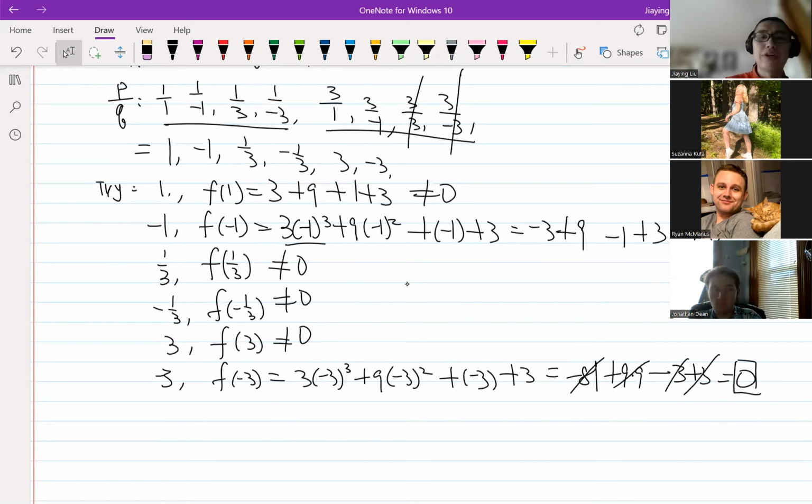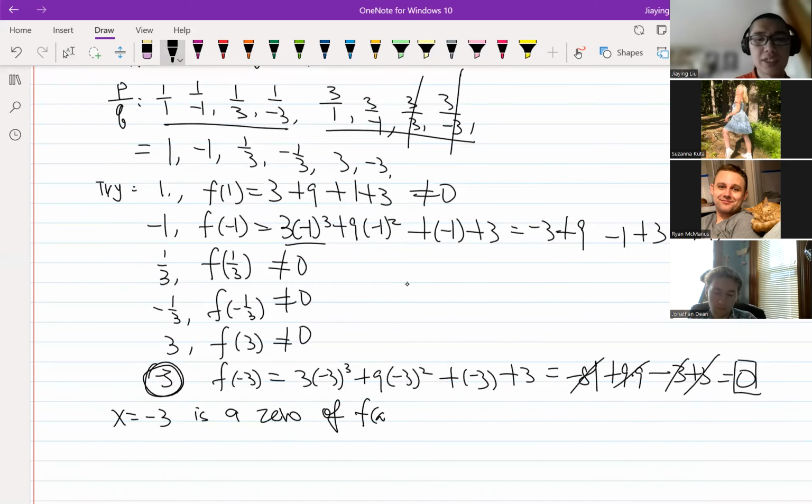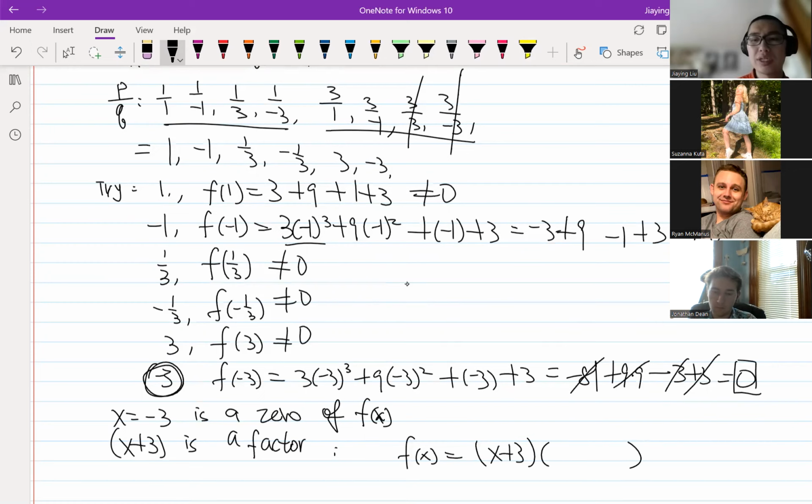All right, so we found out that when we have x equals -3, we end up with a remainder that's a 0. So x equals -3 is a 0 of f of x, and that means x plus 3 is a factor. So that means f of x can be written as x plus 3 times some expression, and we're going to find that.